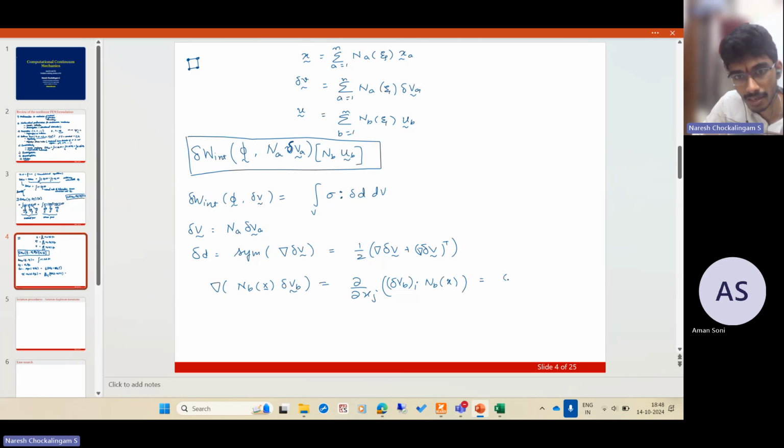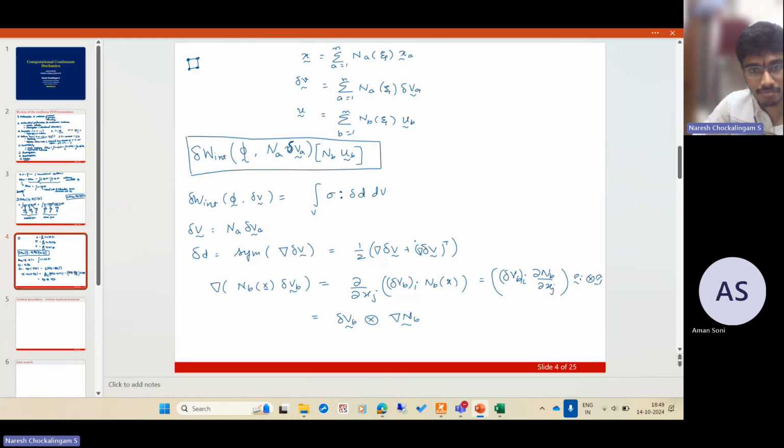So this is del VB ith component times dou NB by dou xj, ei tensor ej. So basically this is del VB tensor producted with the gradient of NB. So plug this into this.